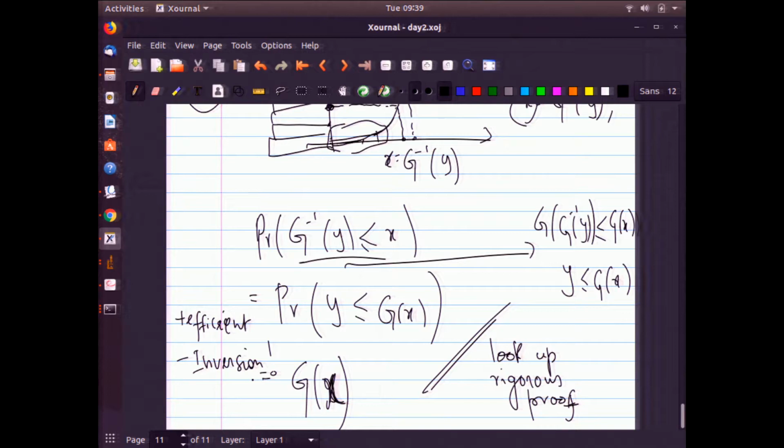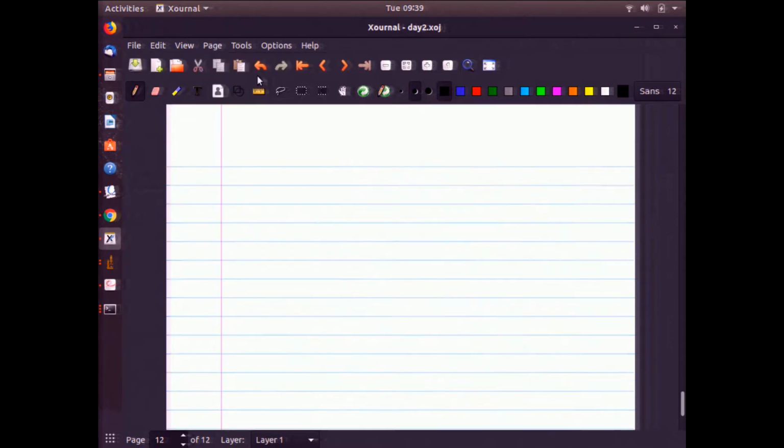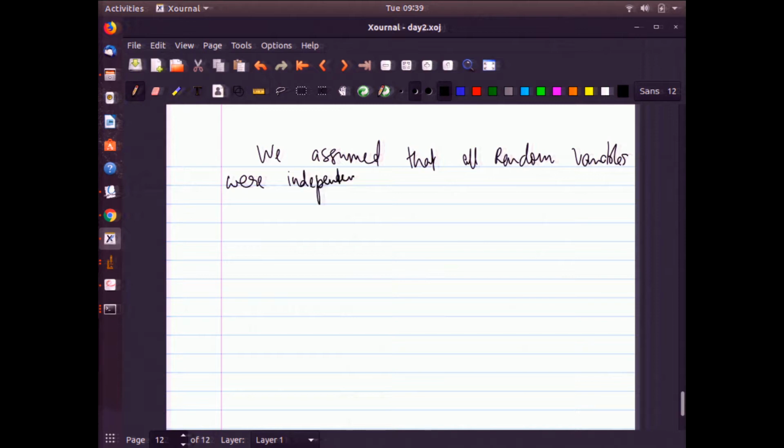Oh, yes. So that's actually an interesting question. Right now, actually, I should have mentioned this. Thank you. So right now, we assumed that all random variables were independent and identically distributed.